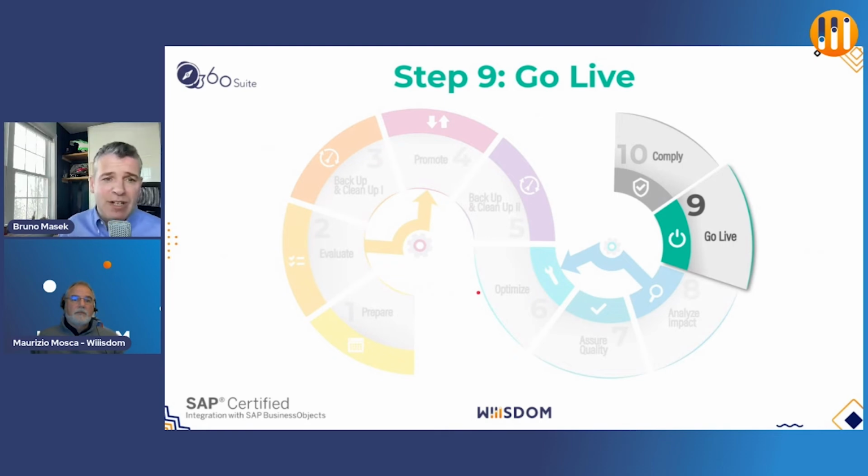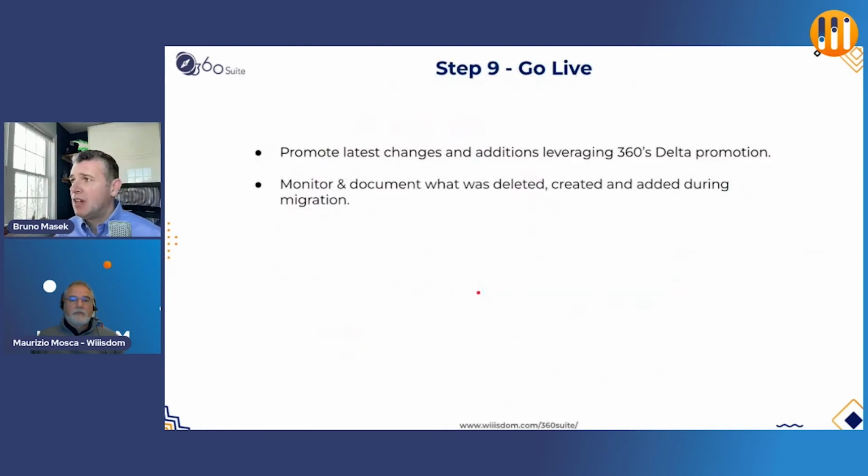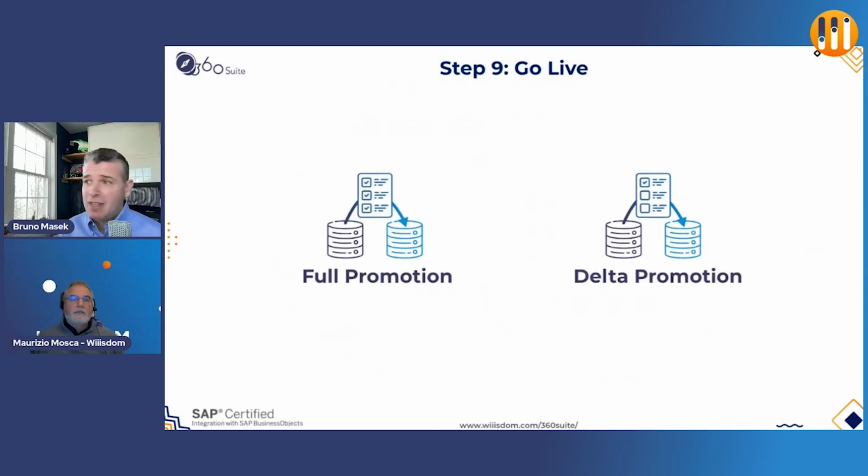Step number 9 is all about the go live. For the go live, there's a big part about promotion here. You can manage your promotion in a very flexible and efficient way by automating this task.